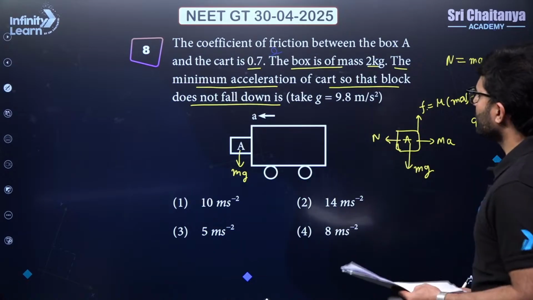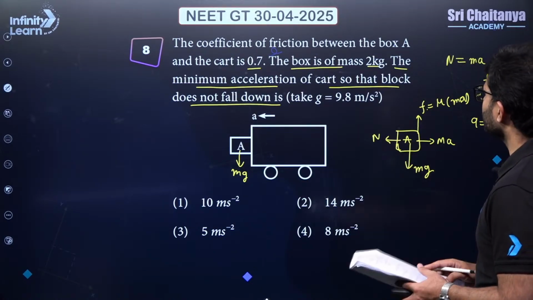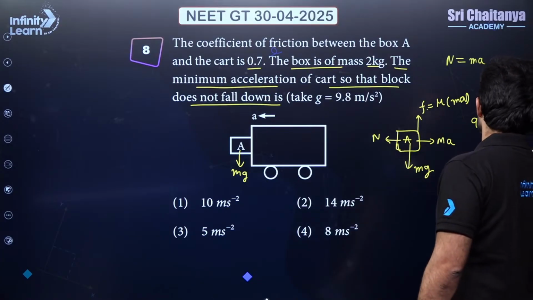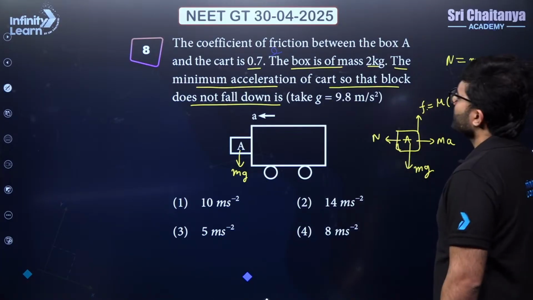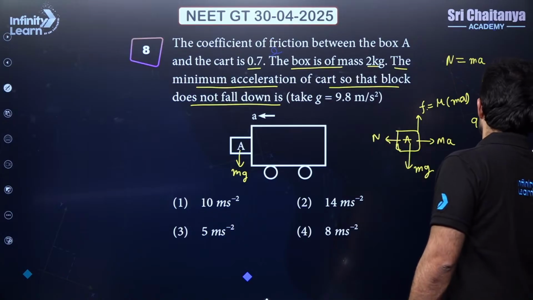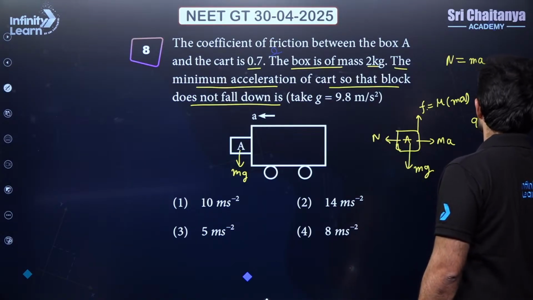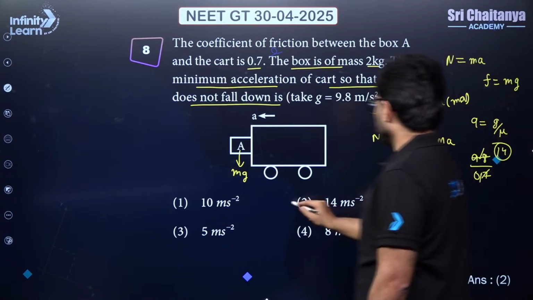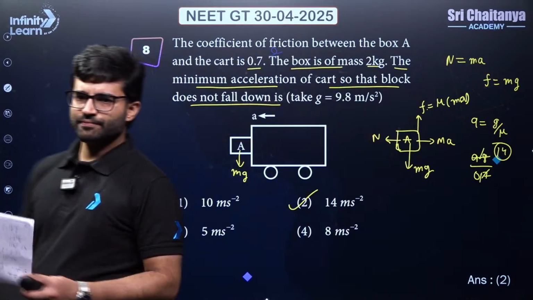So g by mu, can you calculate this g by mu? What is the answer coming? g, I think 9.8, divided by mu. What is mu? Mu is 0.7. Yes, so you can cancel it out. So the answer will come, that is 14. Clear? That is 14.